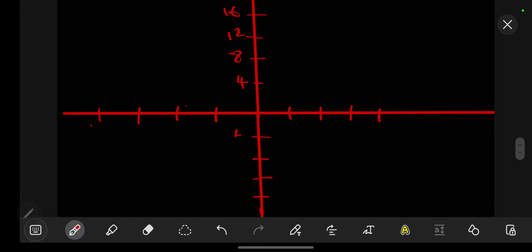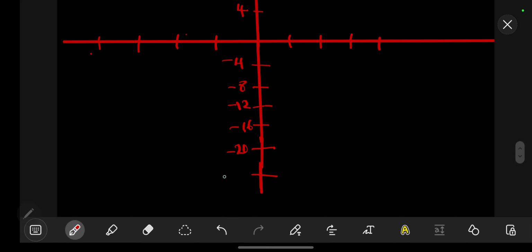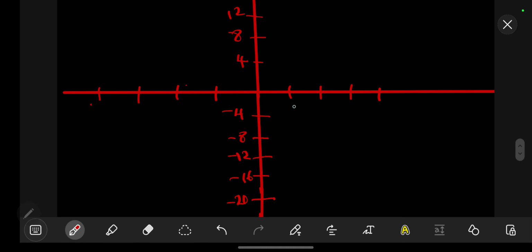Also going down, negative 4, negative 8, negative 12, negative 16, negative 20, and finally a negative 24 like that. Then on this side we can just have 1, 2, 3, 4, negative 1, negative 2, negative 3, negative 4 like that.